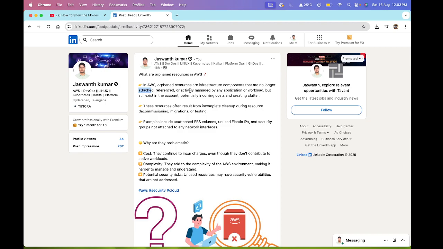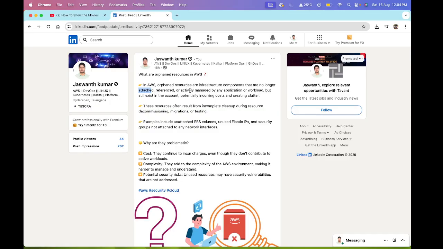Those security groups and resources are still unused in the AWS account, which potentially causes unnecessary cost. We are unnecessarily keeping those resources in the AWS account when they are not required. That's also not an effective way to handle cloud management.